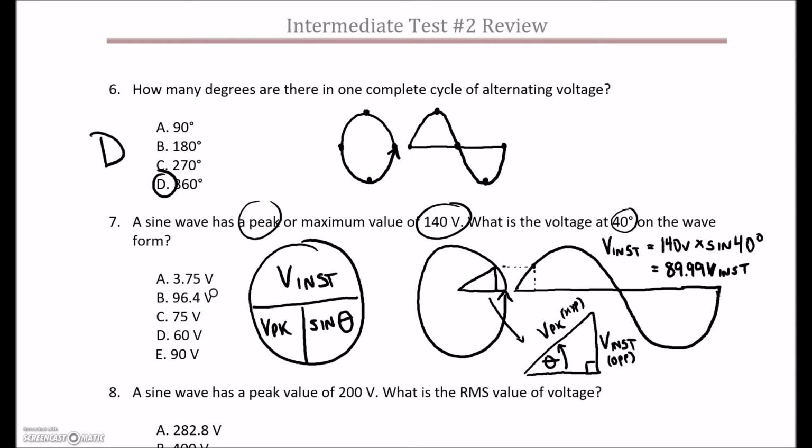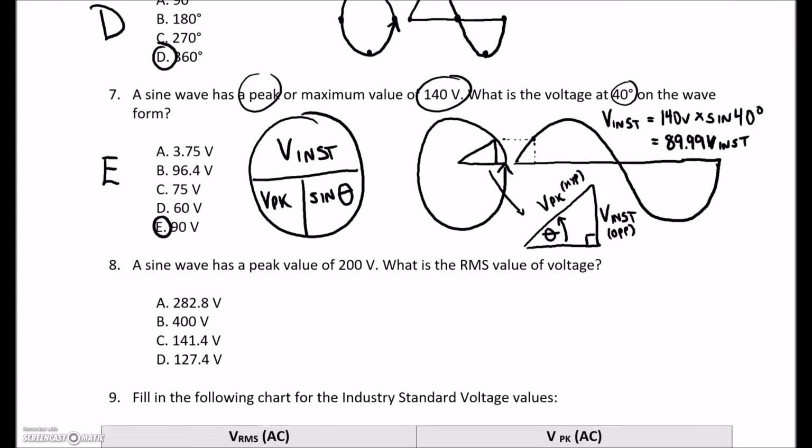So now we're looking for a value that's very close to that, and it looks like E is our best answer there. It looks like they just rounded up to 90 volts. Excellent, guys. Okay, let's take a look at number 8 now.